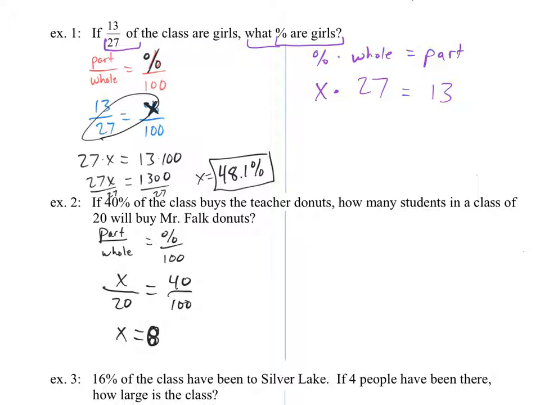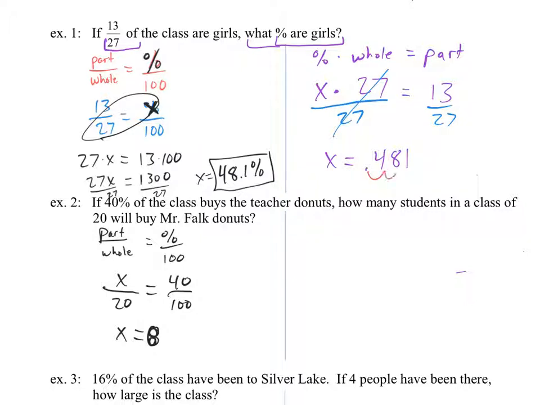Now, if we want to solve for X, we need to undo multiplying by 27. So we divide by 27. X equals 13 divided by 27 should give us 0.481. So does it make sense to say it's 0.481%?